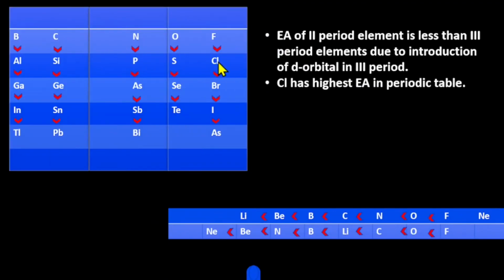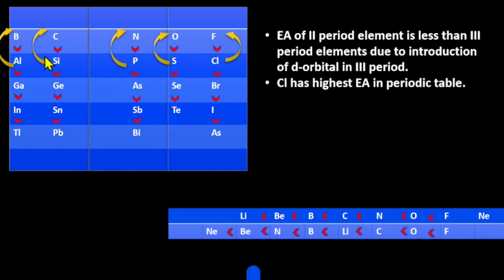Now you can see here, a very important point we are going to cover now. Generally along the group, going downside will decrease electron gain enthalpy. Means as soon as we go downward, there is less tendency to accept electron. But there are some exceptions which have been asked frequently.